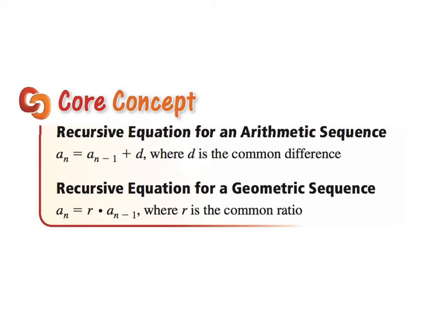Always, always, always give the beginning terms, because how do we know where we start if you don't give us the first terms? So you have to always give us the first or second or third terms. Here, it's a sub n equals a sub n minus 1 plus d. D is the common difference. That's all we need to plug in. We take the d, we plug it in, we're done. Here, we need the common ratio. We plug it in, we're done. But again, you have to always give at least the first term.